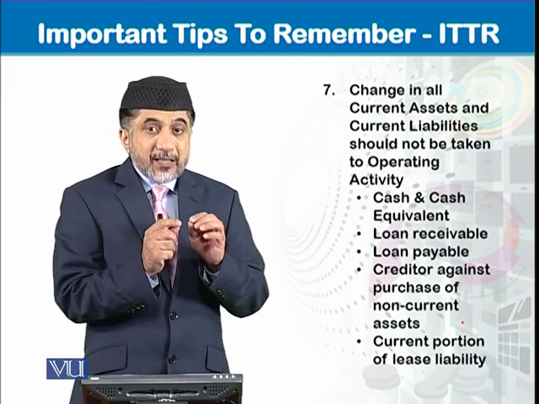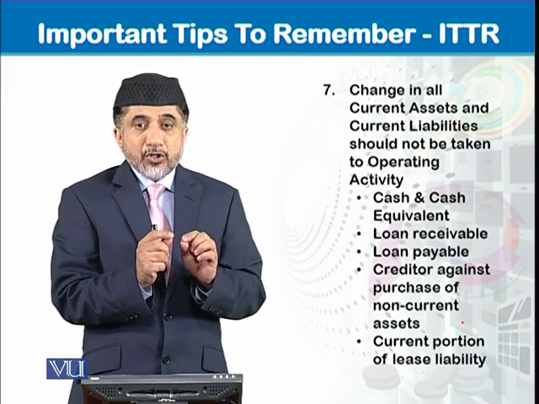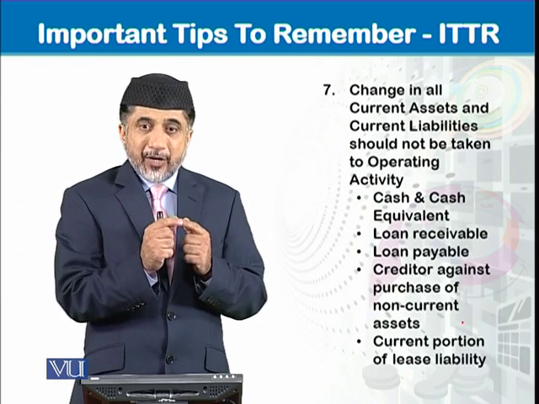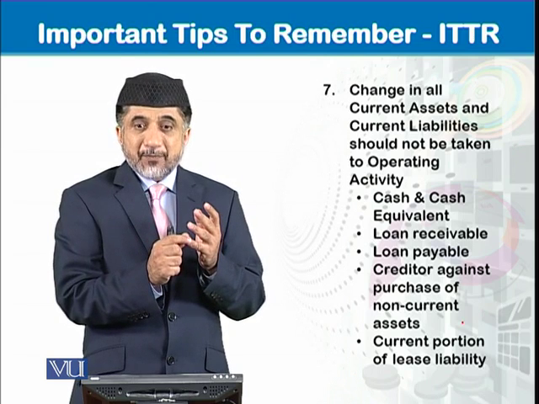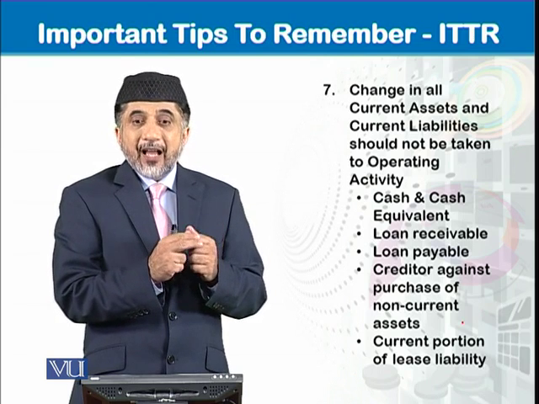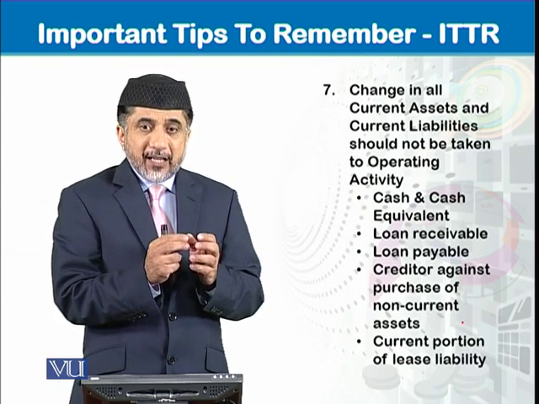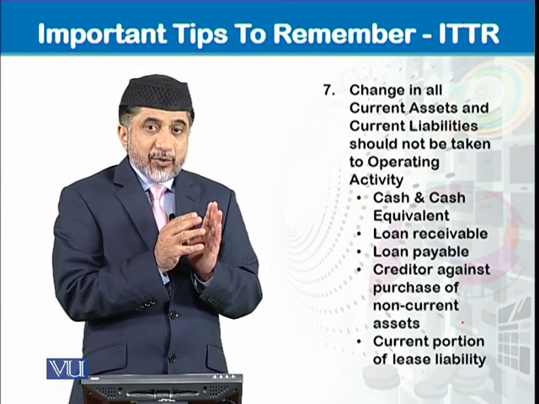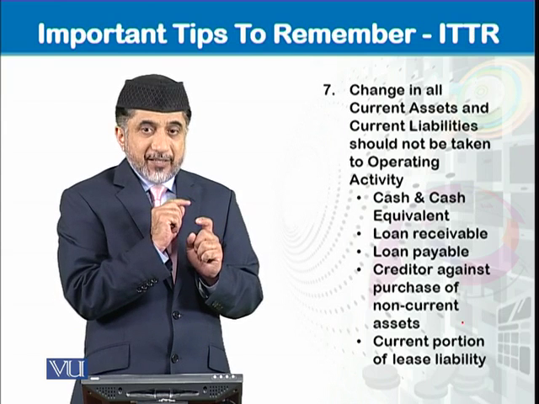That is the working capital items which belong to the operations, meaning inventory, receivables, payables, or operating expenses. The current asset items or current liability items which belong to the operations will be worked out under the operating activity.